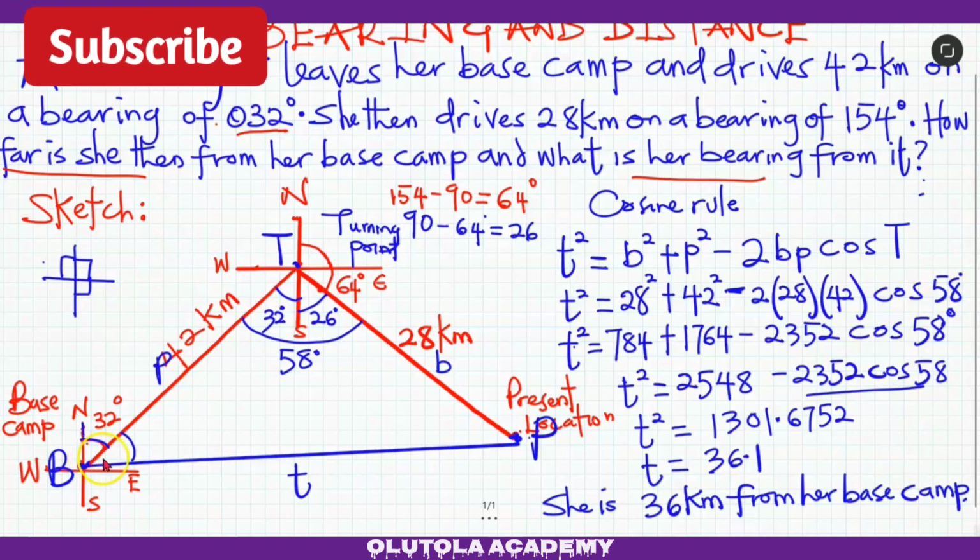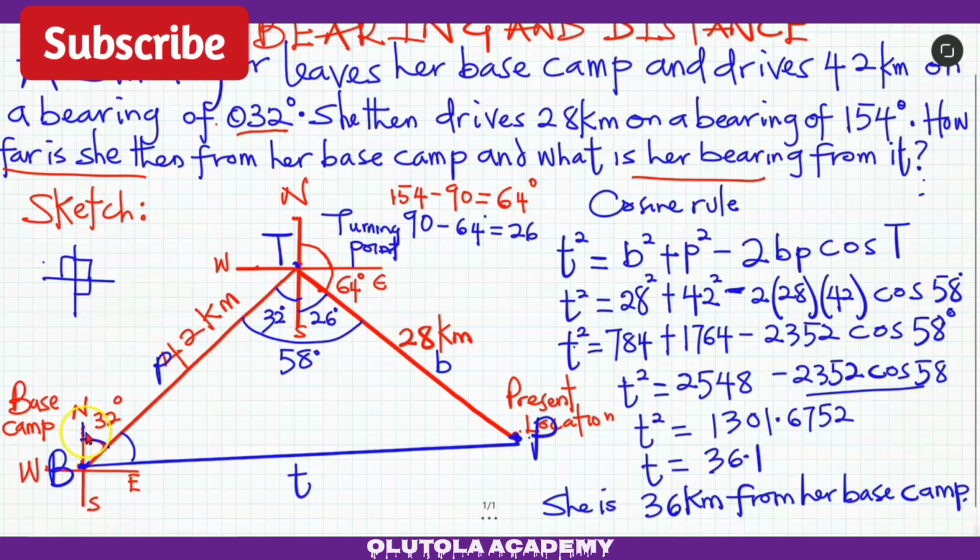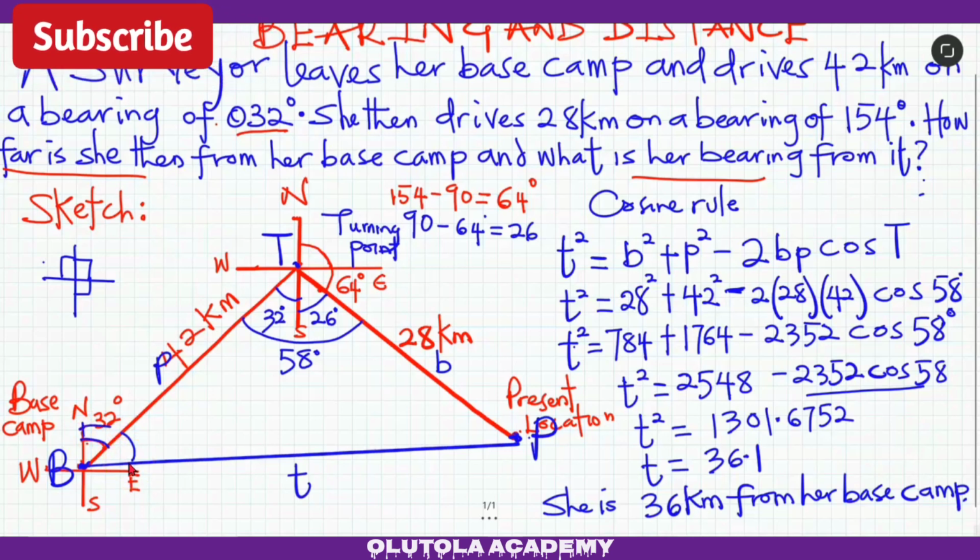We read from the north down to the blue line. The good thing is that we have gotten a portion of it to be 32 degrees. Now the other portion is what we are going to find.